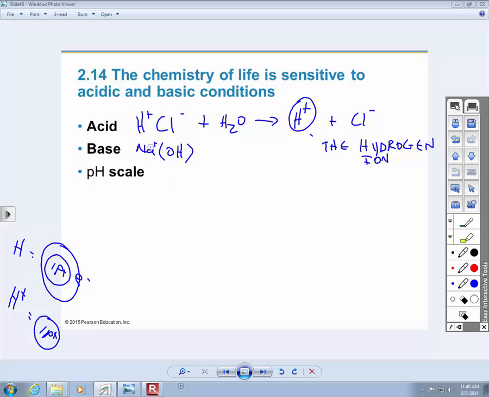For example, this is probably your most common base, NaOH. Sodium is positive. The OH is called a hydroxide. That's negative.